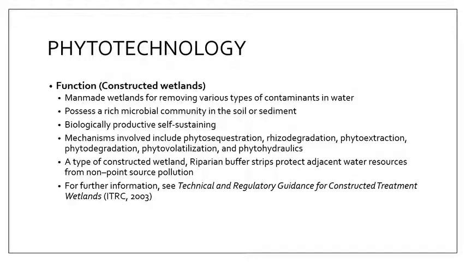Another keyword in constructed wetlands is that it is self-sustaining, and it utilizes different phytotechnology functions such as phytosequestration or storage, rhizodegradation or breakdown of contaminants in the root zone, phytoextraction or storage of contaminants in the leaf and stems so that they can be harvested, and then phytodegradation or the breakdown of contaminants in the leaves and stems, phytovolatilization or the evaporation of contaminants through the leaves, and phytohydraulics or the stabilization of soils using roots of plants.